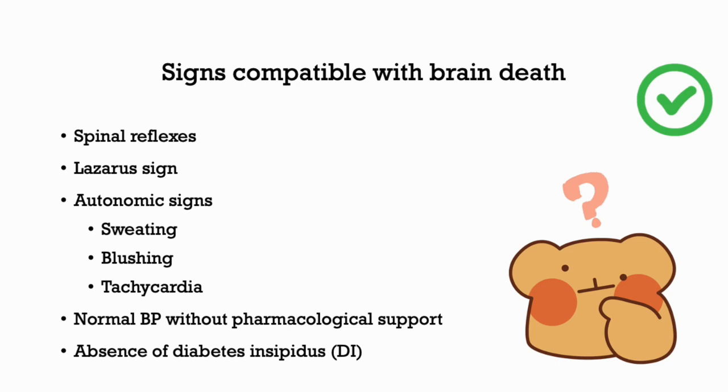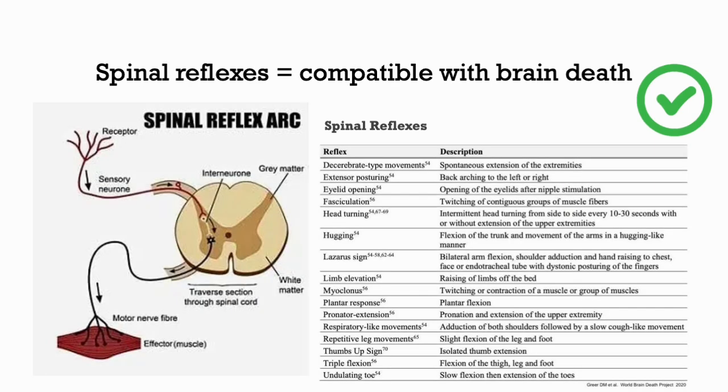A patient who is brain dead might have a completely normal blood pressure without the need for any pharmacological support. A patient with brain death also might have the complete absence of diabetes insipidus. So there's a summary here on the slide of all the different spinal reflexes that you can get. So when I share this, you can have a look through that.